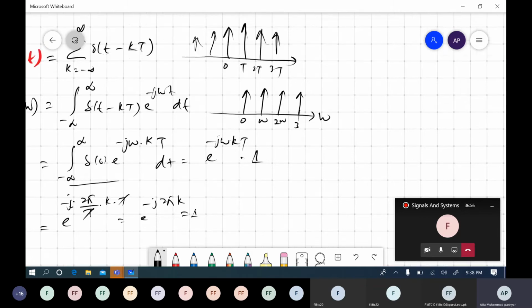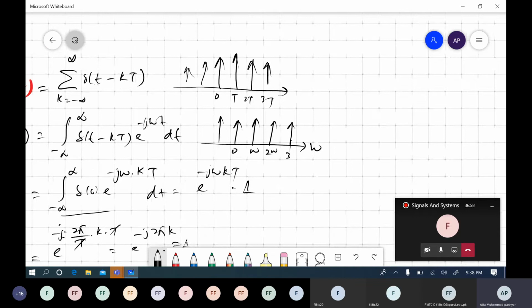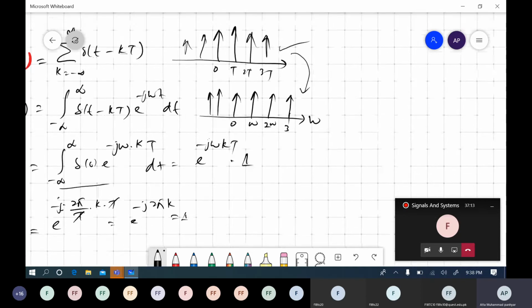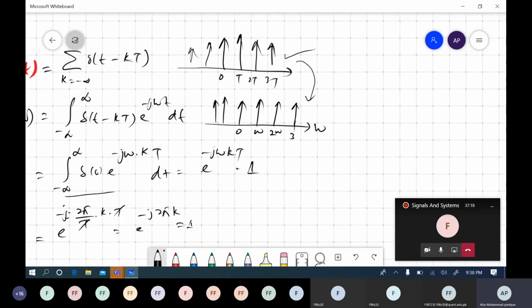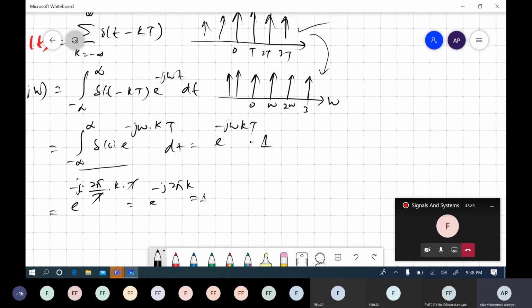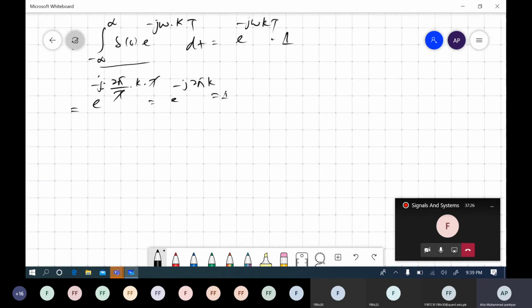We can see from here that if we compute the frequency spectrum of an impulse train, we again get a series of impulses. So if you compute the frequency spectrum of an impulse, you always get an impulse in the frequency domain and vice versa, right?